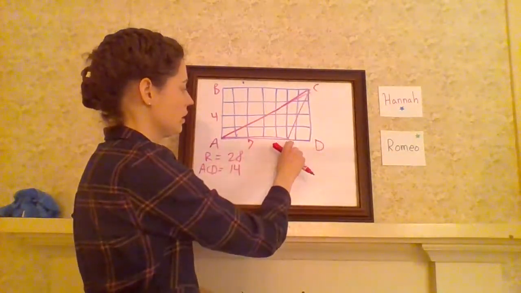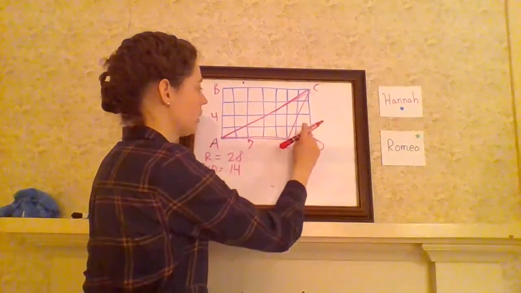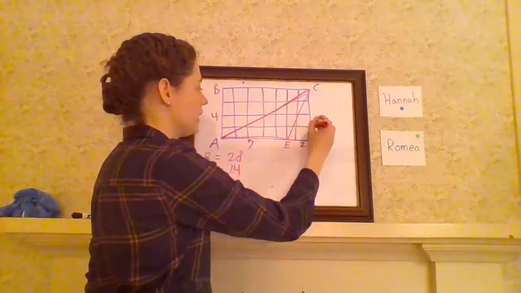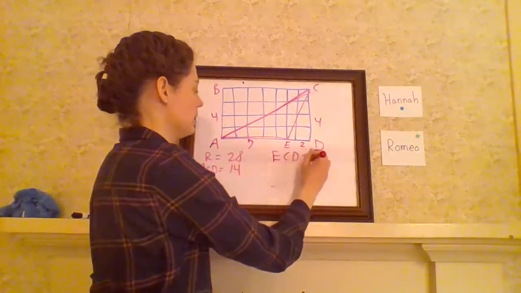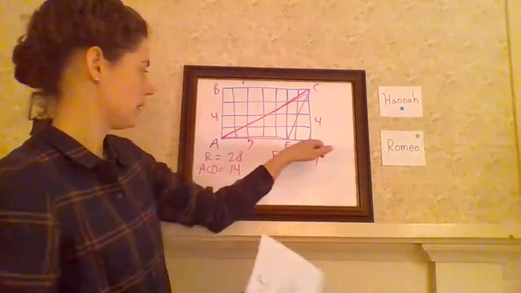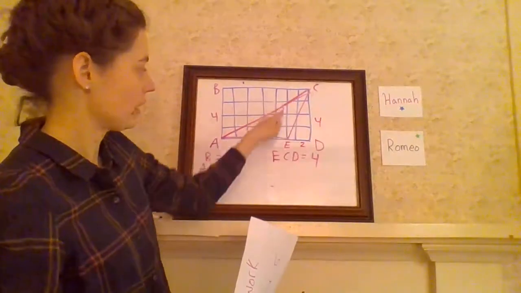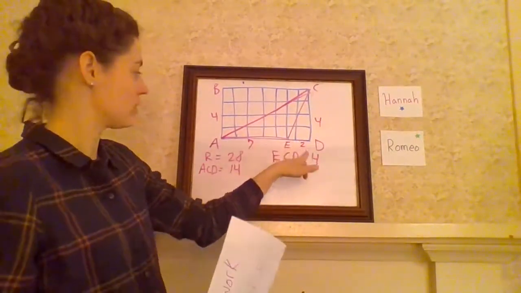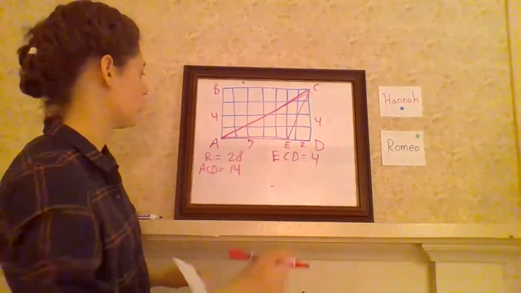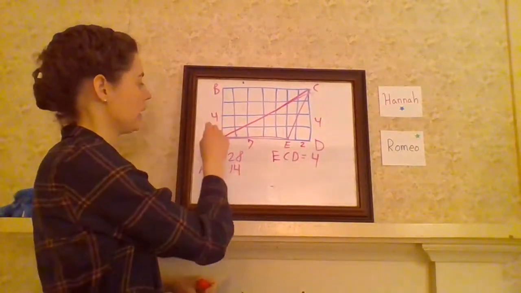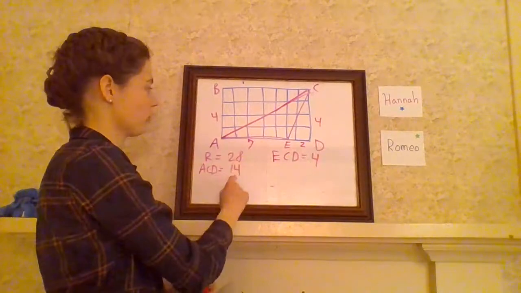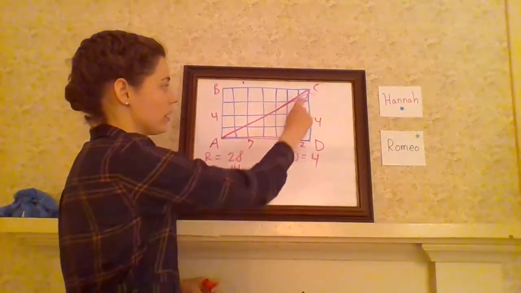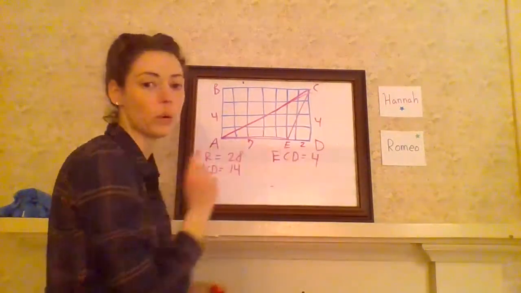So 2 by 1, 2, 3, 4, 8. So that means ECD is 4, because it's 2 times 4 for the rectangle, and it's half of that, so it's 4. So now we know that this triangle to here would be 14 and this part here is 4.